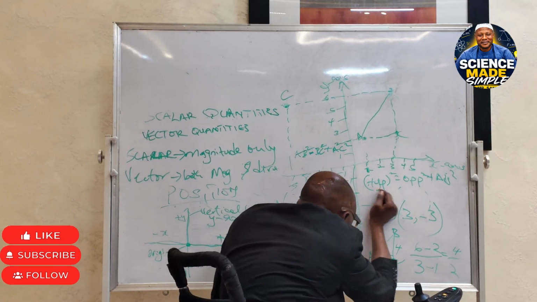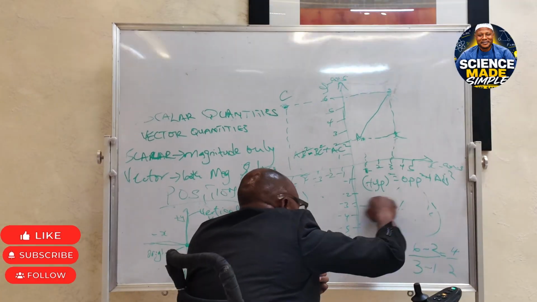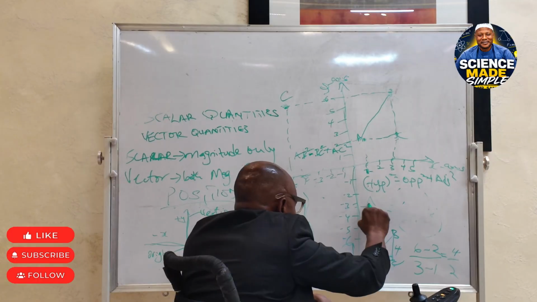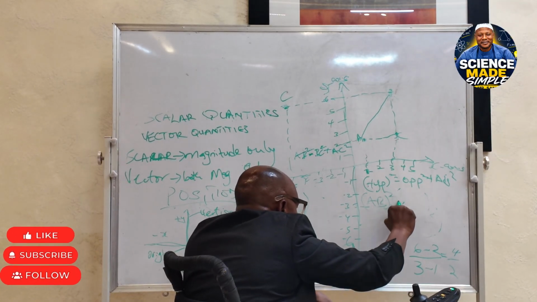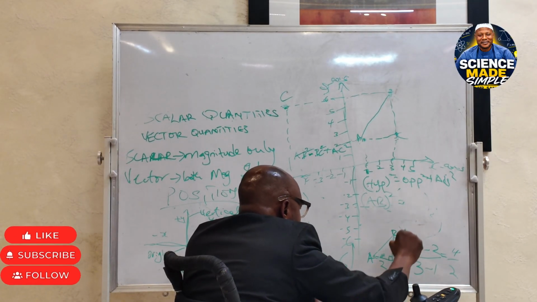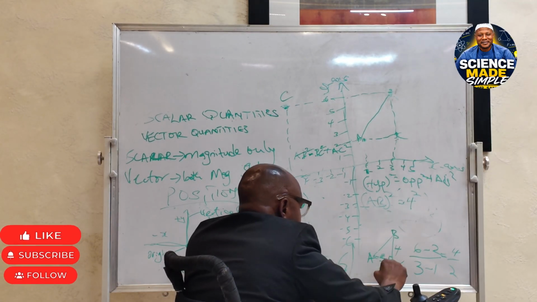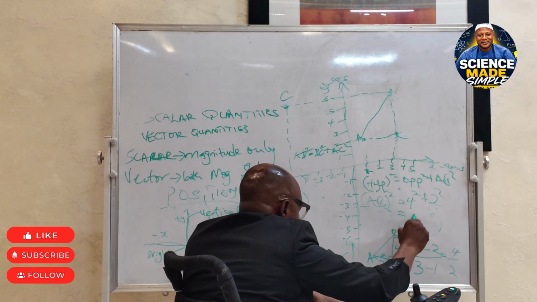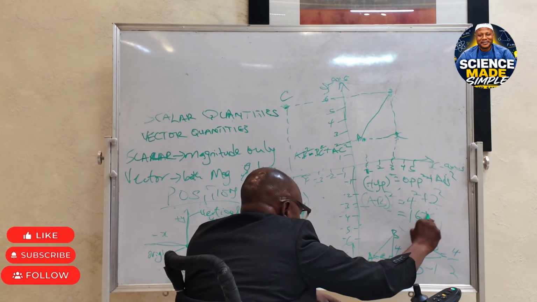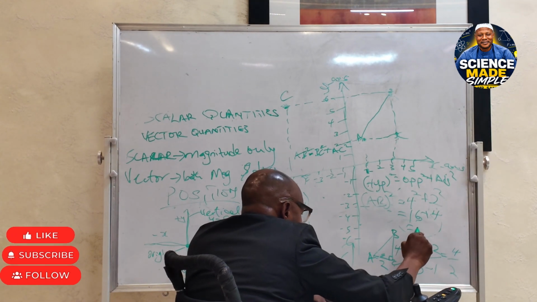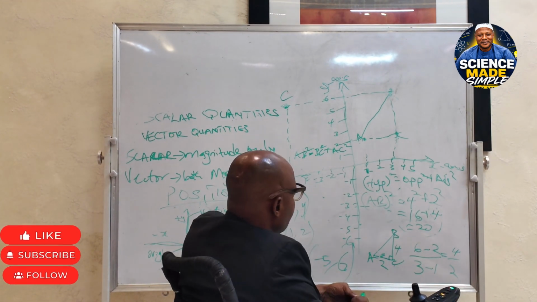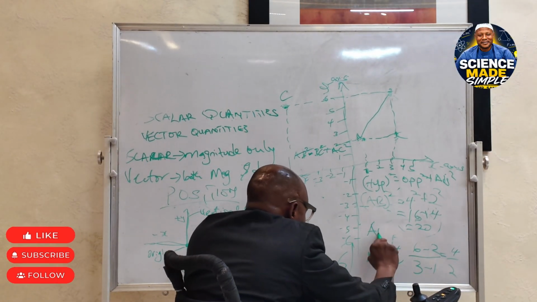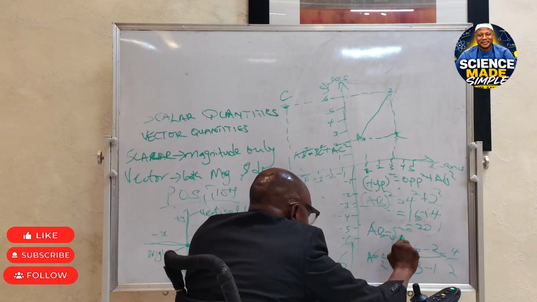So our hypotenuse, that is AB square, is equal to opposite square, 4 is opposite this angle, 4 square plus 2 square, 2 is adjacent. 4 square is 16, 2 square is 4. That will be 16 plus 4, that is 20. So our AB will be the square root of 20.